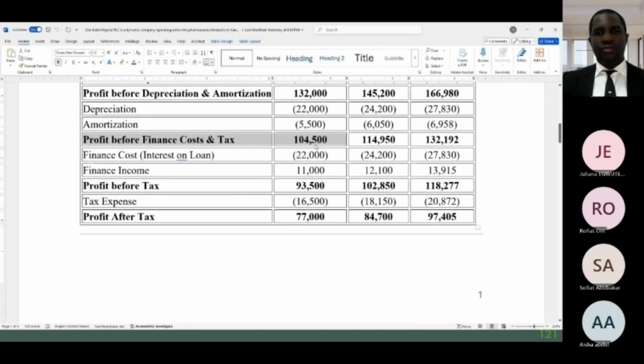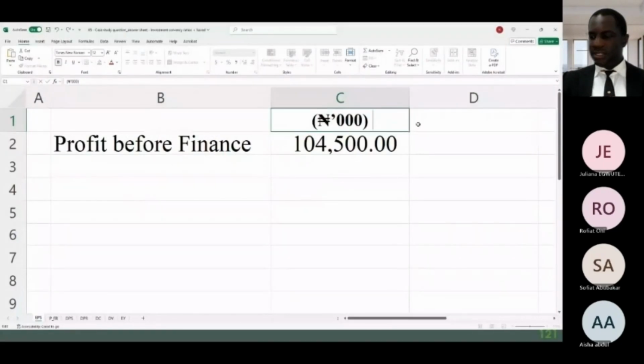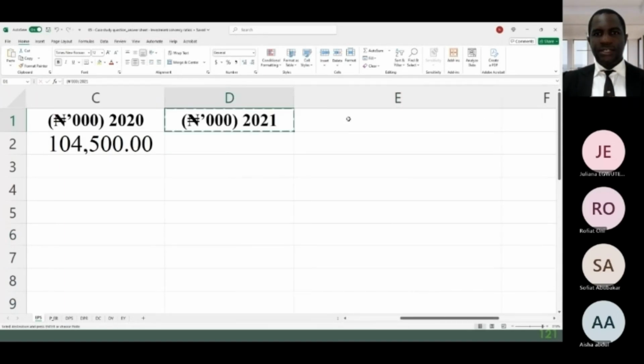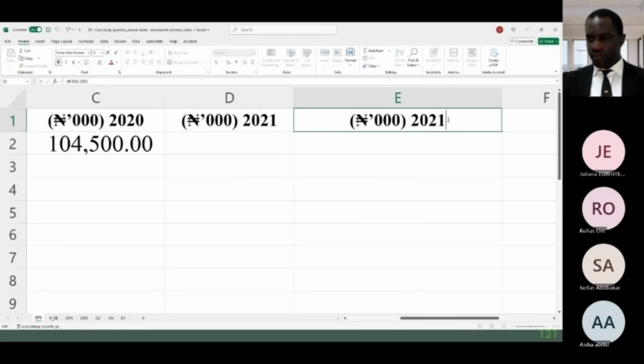That's about 104,500,000. That's what we took to our Excel and posted here. So this is for 2020. Let's take this and put it for 2021, and take this and put it for 2022.